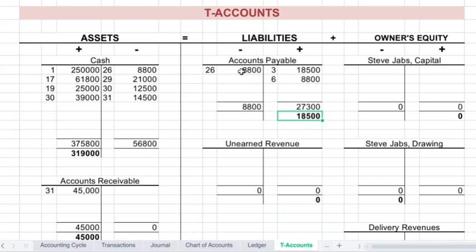So, kung for example, mas malaki yung nasa debit side nitong accounts payable natin, negative siya. Negative yung balance niya. Same din dito sa cash. Kung mas malaki yung mga nasa credit side kesa doon sa nasa debit side, so, negative. Negative yung balance natin.